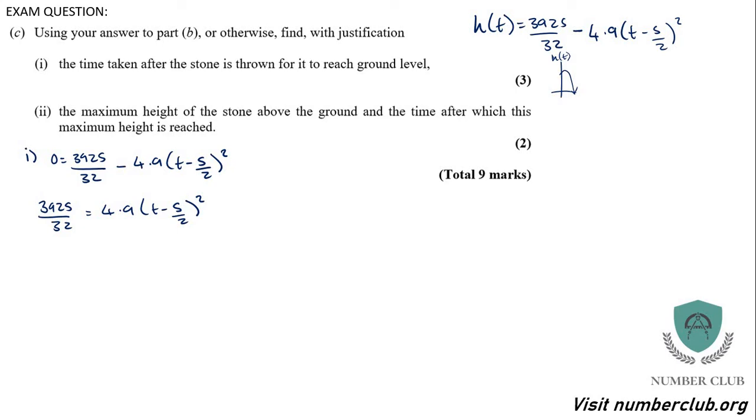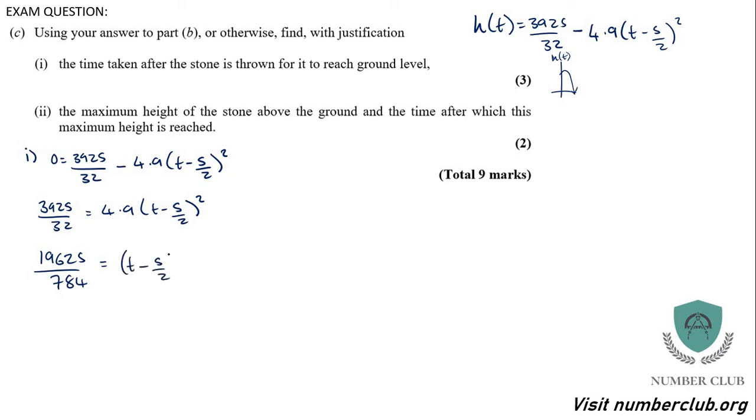We're going to divide by 4.9, which is going to equal 19625 over 784. Don't expect nice numbers from here out.